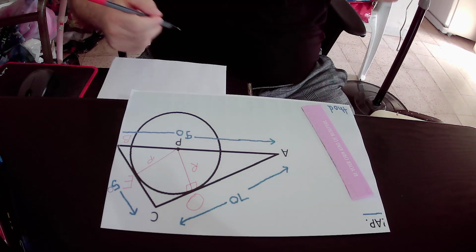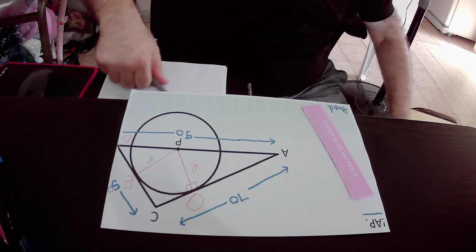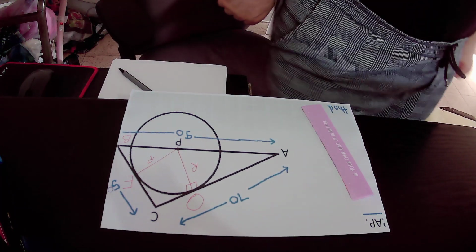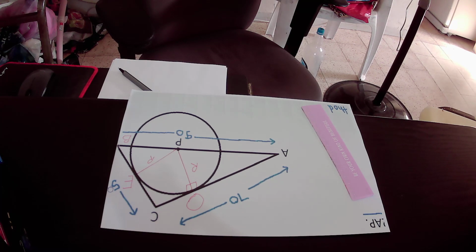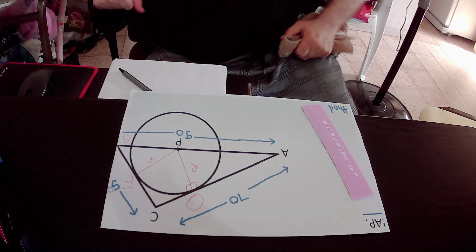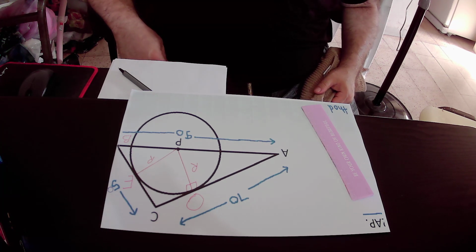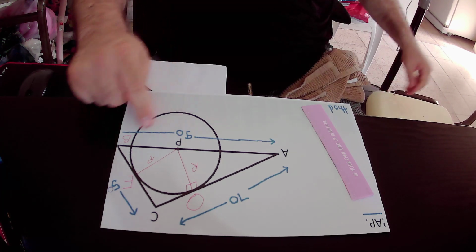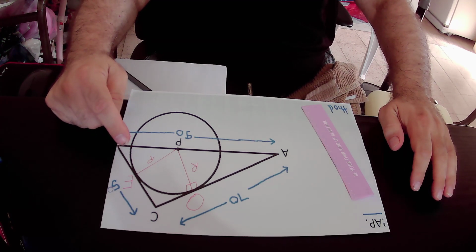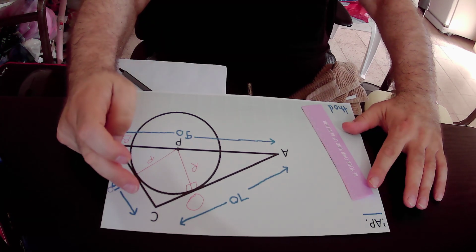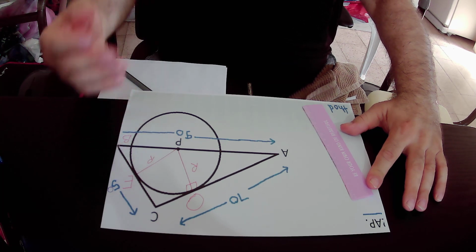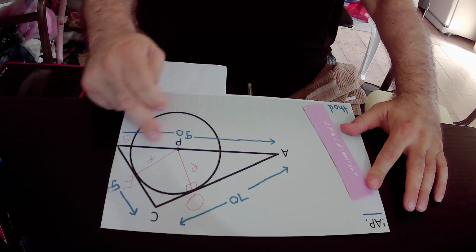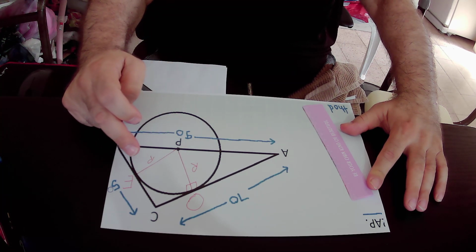Okay, and in the same way, the radius PE, or side CB of the triangle, is tangent to the radius at point E. So according to our rule, the radius PE is perpendicular to the tangent.